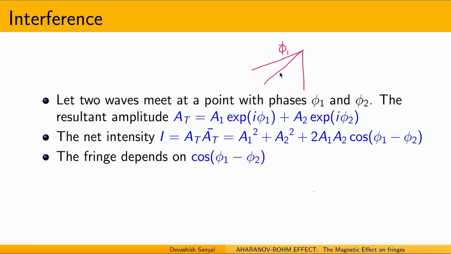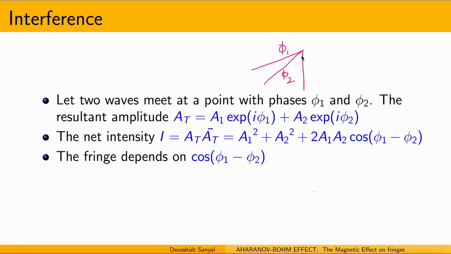And the second wave, when it reaches this point, has a phase of phi 2. So the net amplitude is AT, A1 exponential i phi 1 plus A2 exponential i phi 2. This is the amplitude here.